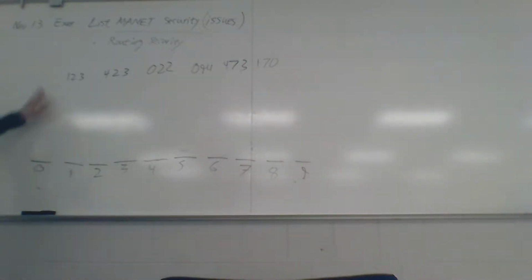Okay? So now we go through this and we're going to put each number in the appropriate queue. The way we do that is that we look at the least significant digit of each number.